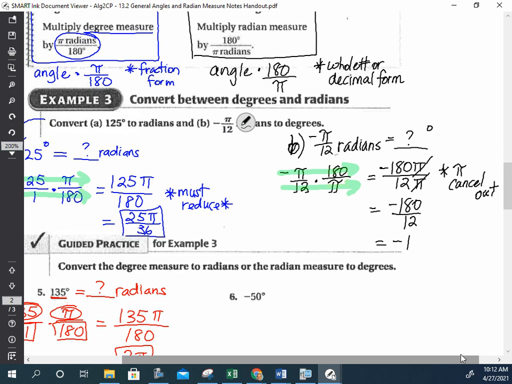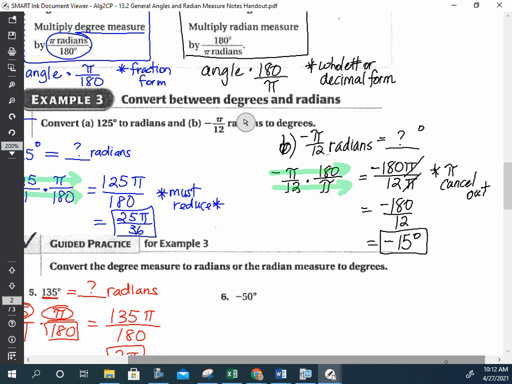Negative 15 here. Not hard if you know what you're doing. Any questions on part B before we do one more example?